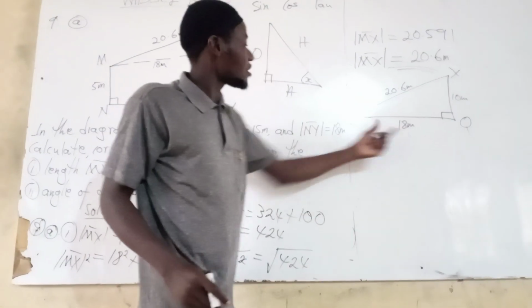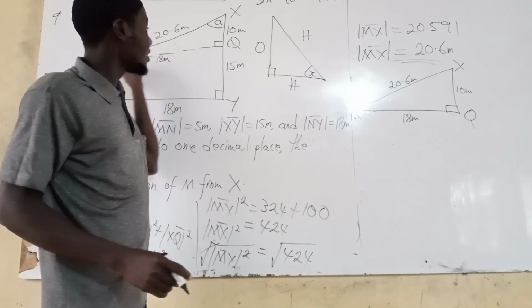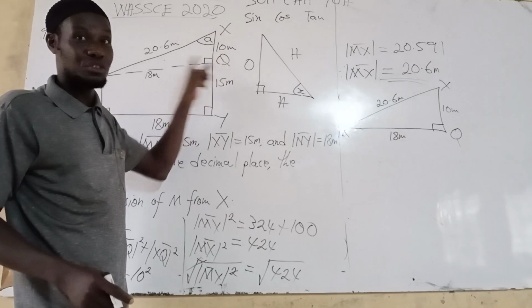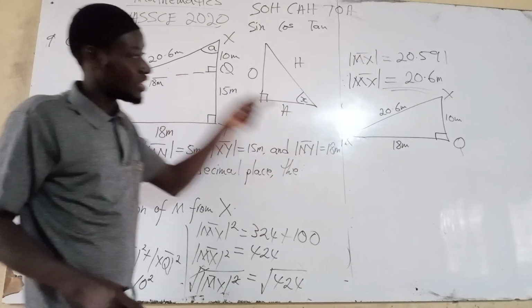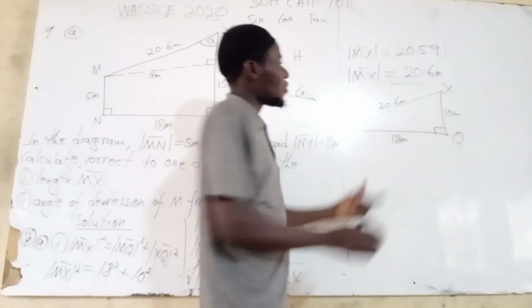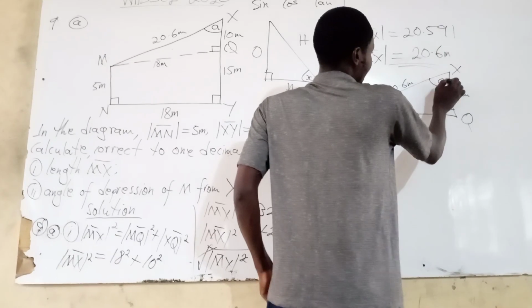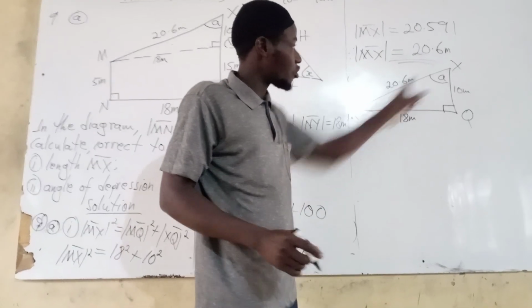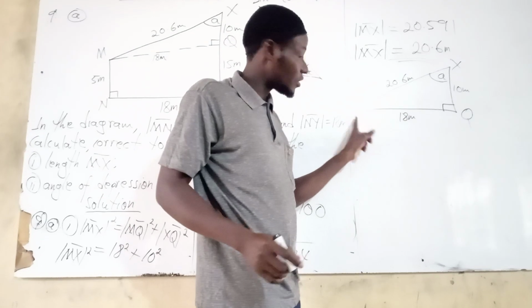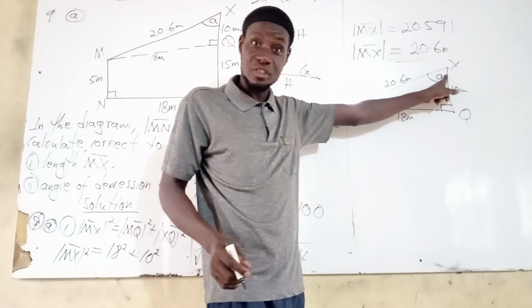This is what you are going to have. We are looking for the angle here, that is the angle of depression of M from X.